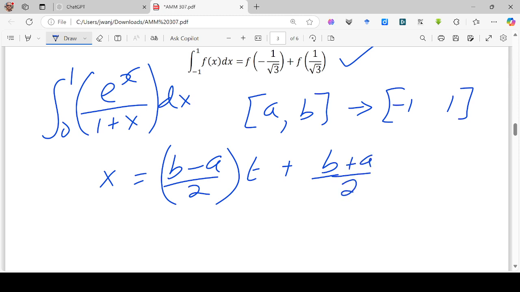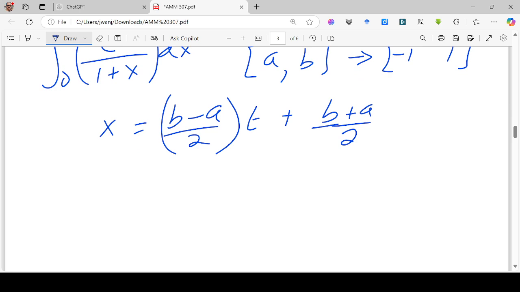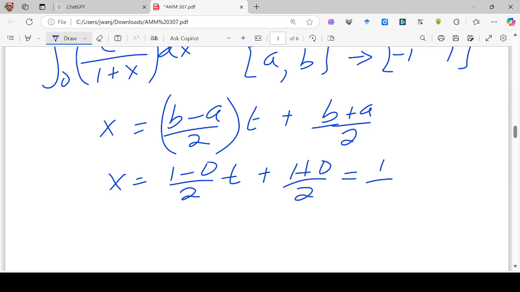So we are going to use this transformation to transform our interval. In this case, we have x equals (1 minus 0) divided by 2 times t plus (1 plus 0) all over 2, which is a half times (t plus 1).